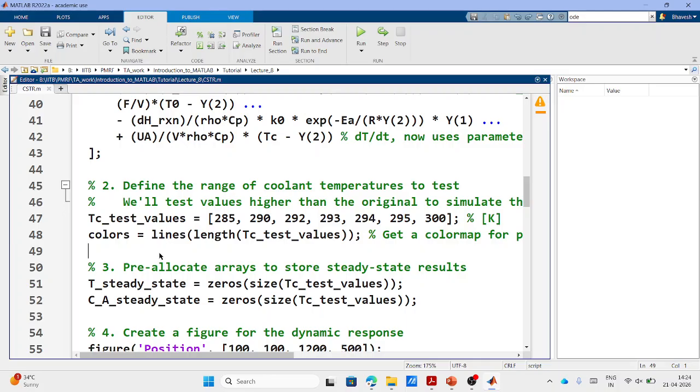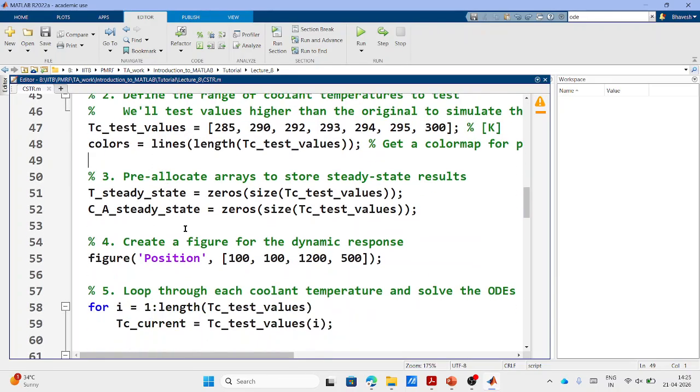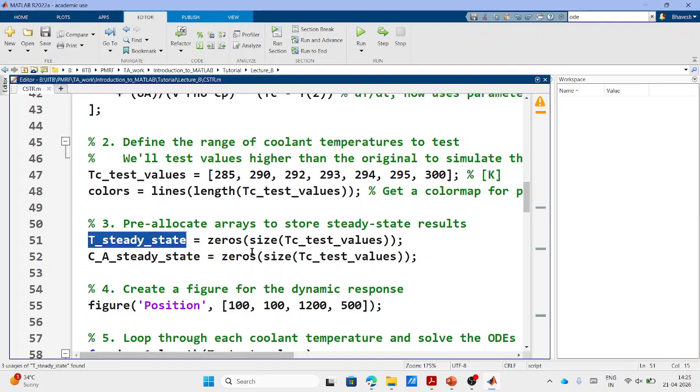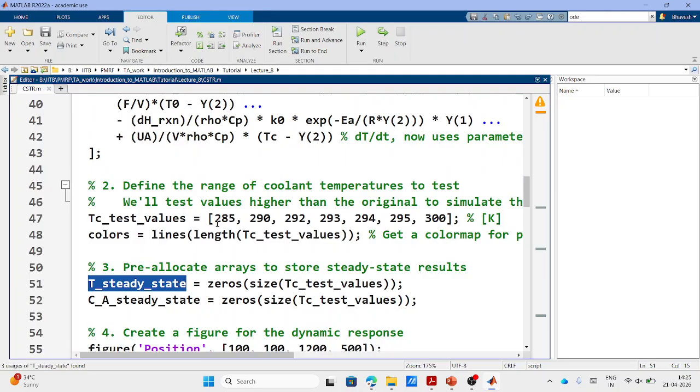By default, when we are plotting multiple curves on the same figure, Matlab will select a new color all the time. So this is just an additional step. Now for each Tc, I will get some steady state temperature value and some steady state concentration value.